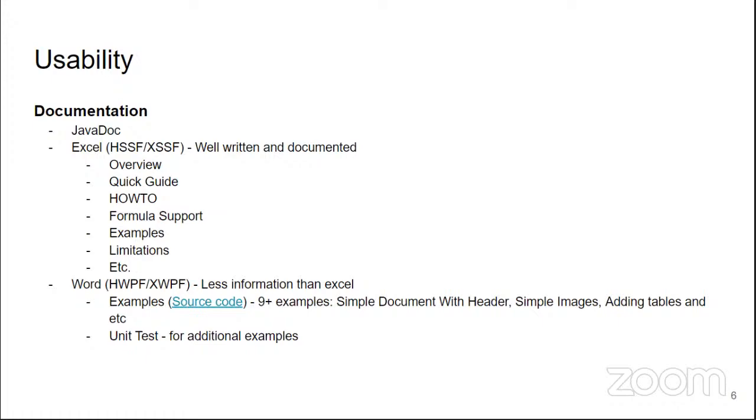For Word, there is a bit less information than for Excel. And of course, there is some example source code you can see. We found about 9 examples for Word.